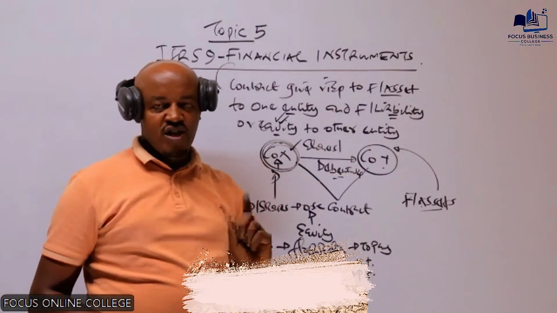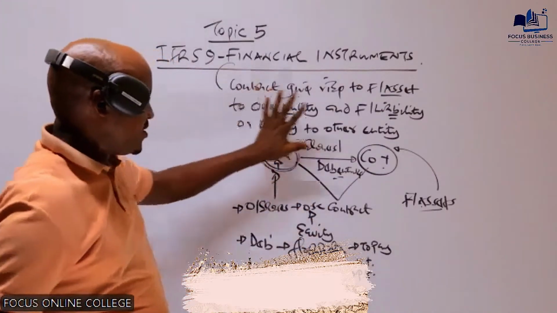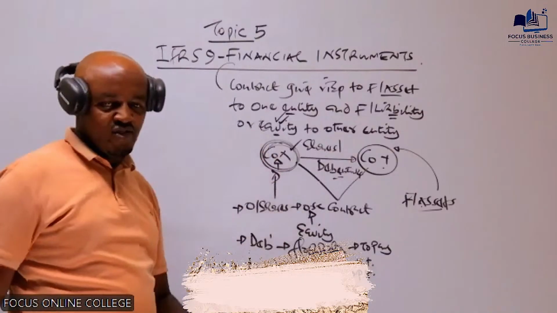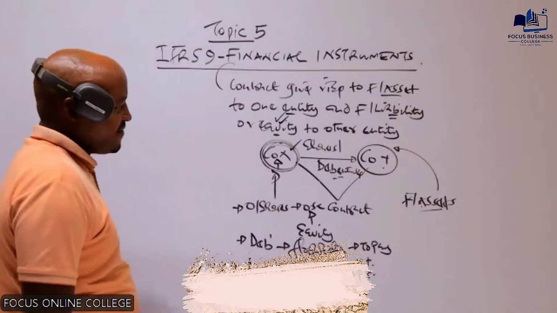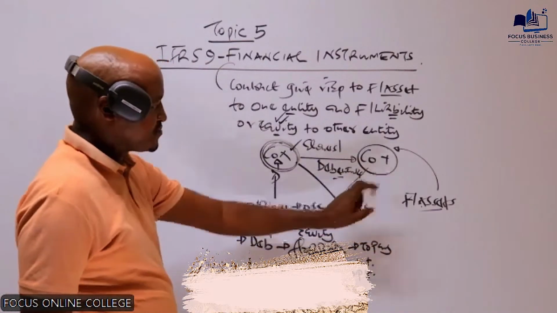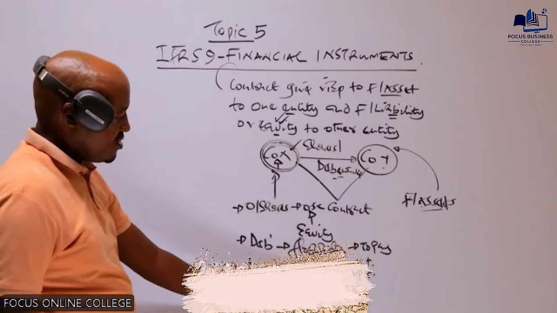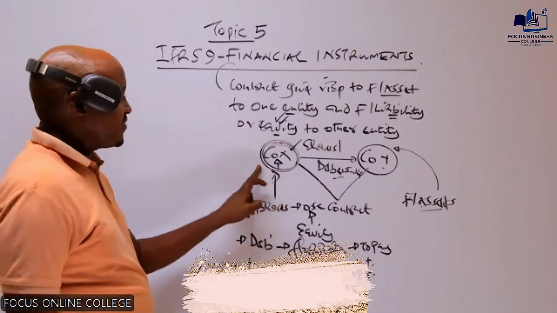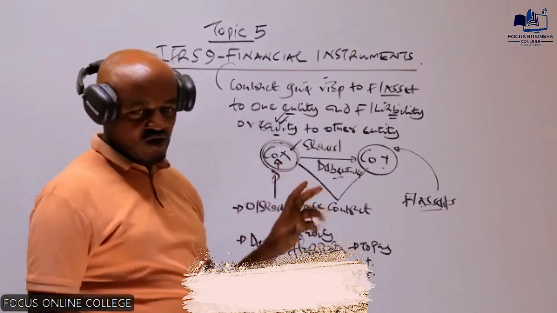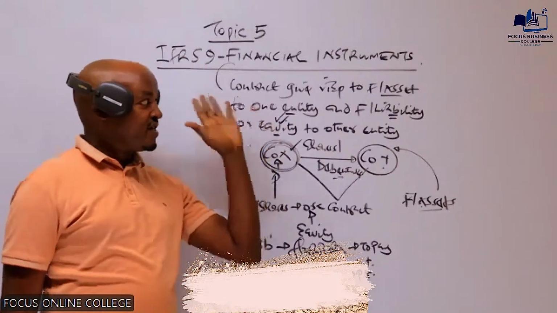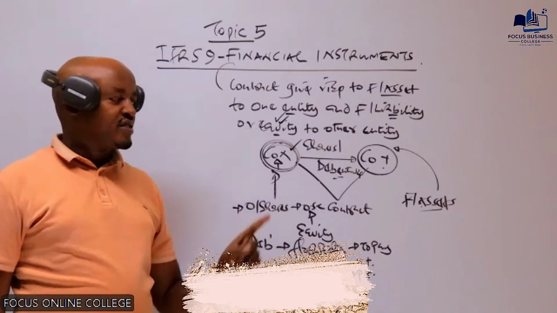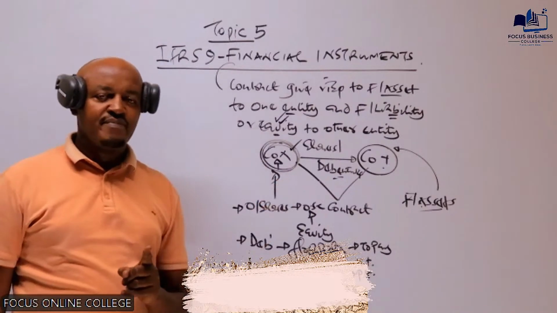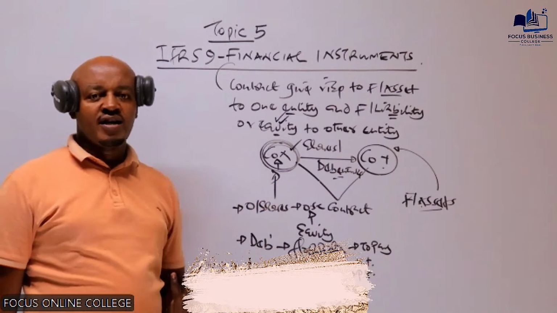So in this contract entered into between company X and company Y, it gives rise to a financial asset to this company, and equity or a financial liability as far as the other company is concerned. That's why we say a financial instrument is a contract which gives rise to a financial asset to one company, and a financial liability or equity to another company.